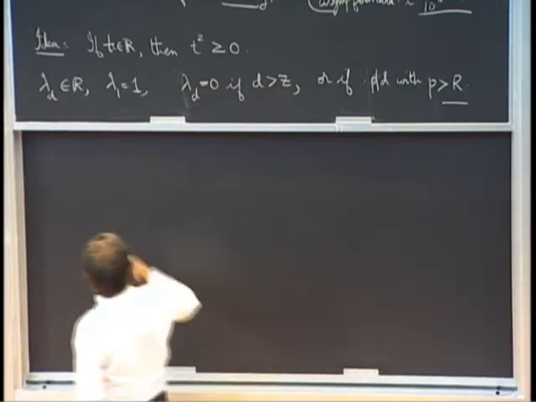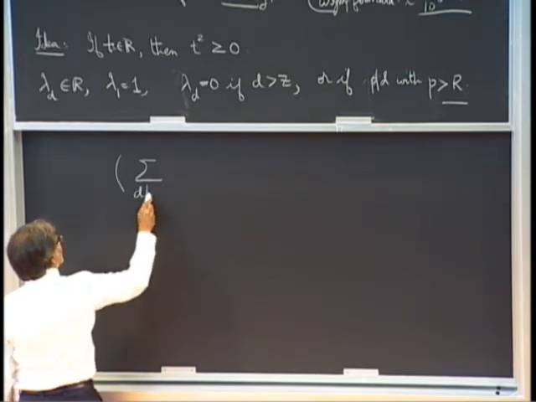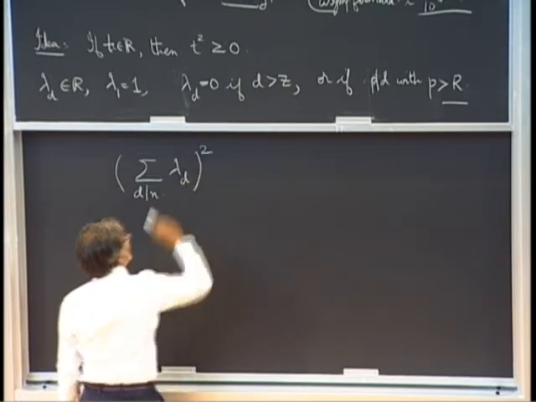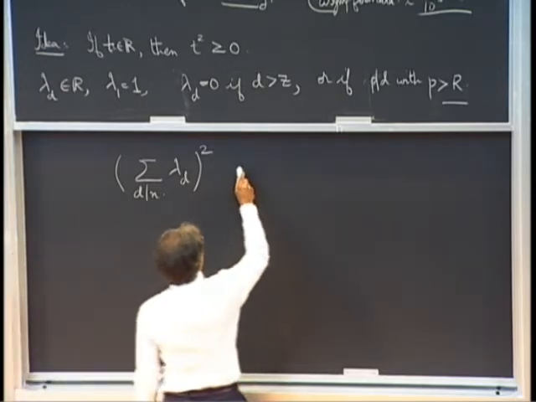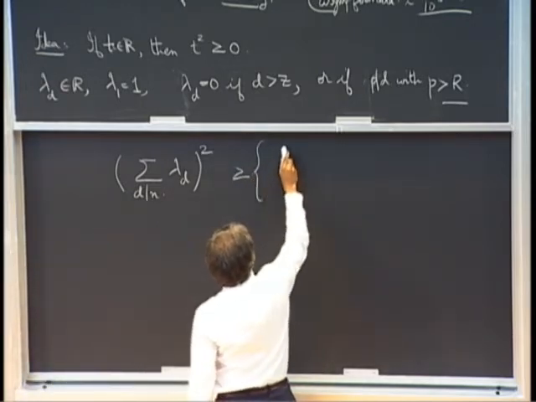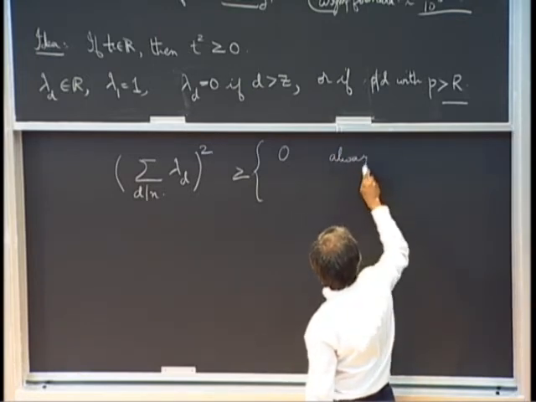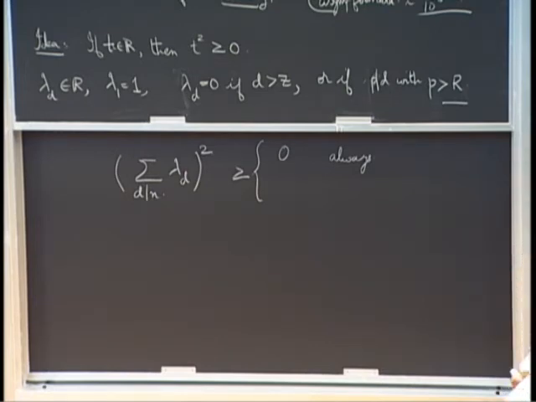And then for some number n, I'm going to look at the sum over the divisors d of n of lambda of D, squared. And this satisfies a couple of inequalities. Well, firstly, it's greater than or equal to 0 always, right? Because every real square is positive.